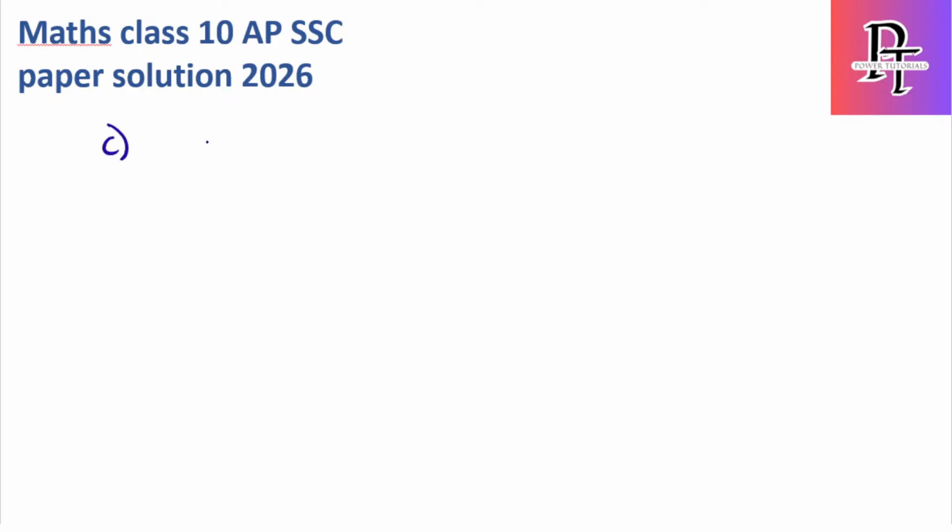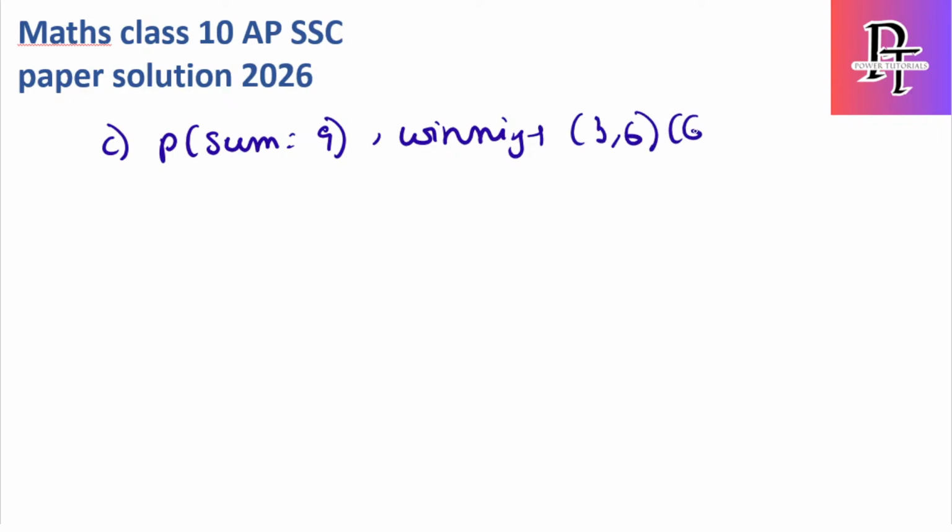So C, P of sum is equal to, let's take it as 9. Then winning cases, sum to be 9, the winning will be 3 comma 6, 6 comma 3, and 4 comma 5, 5 comma 4, and the total probability will be 4 by 36.